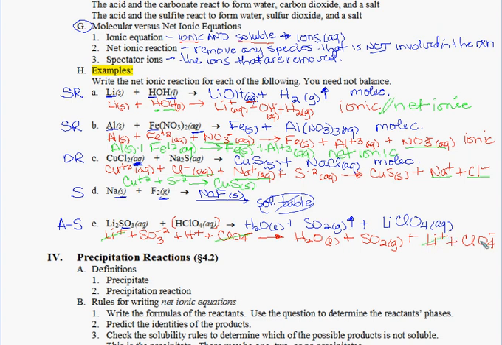Those are our lithium and our perchlorate. And so your overall reaction is going to be hydrogen ions reacting with sulfite ions to make water and sulfur dioxide. One is a liquid, one is a gas.